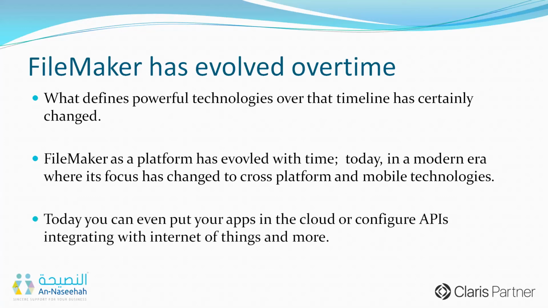Today, you can easily put your apps developed on FileMaker on FileMaker Cloud Services, or you can easily set up FileMaker Server on your physical private server or AWS or any other cloud platforms. So you can easily integrate or configure your other apps with your apps developed on the FileMaker tool.